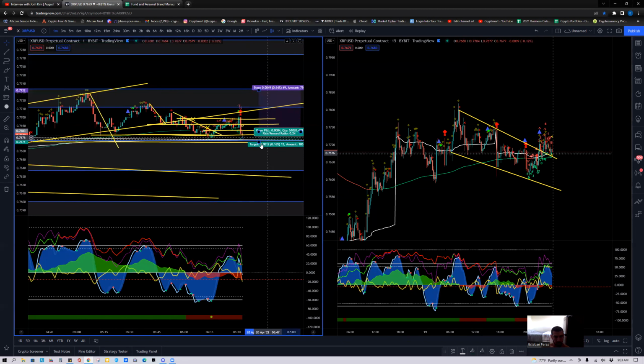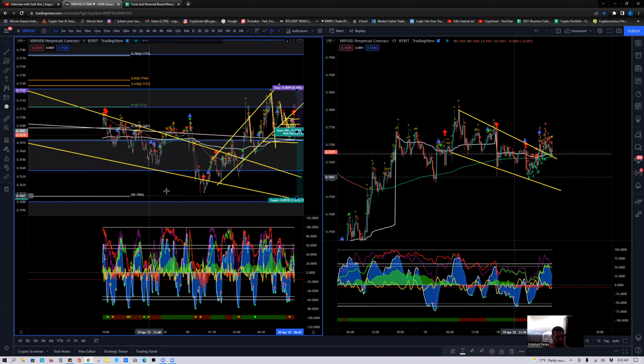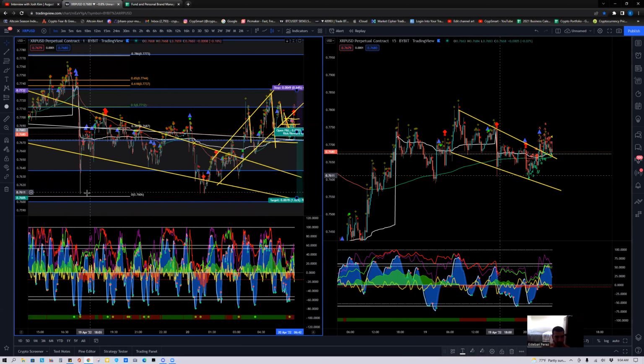This trade may have to go a little bit bigger, which I believe we're going to be testing this right here.